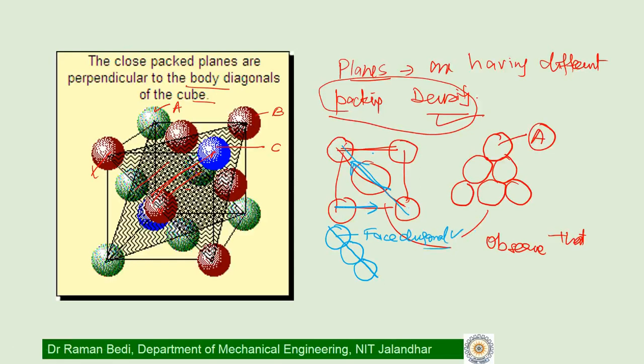So this is not a to-scale diagram. What we intend to understand is that the atoms are not packed in the same configuration in all the directions and planes. They have different packing densities as far as different planes are concerned, or even different directions are concerned.